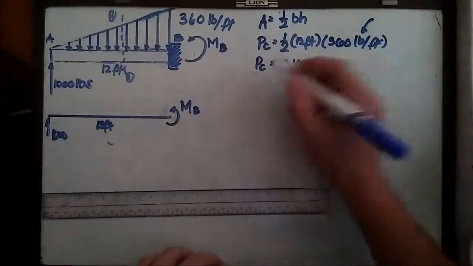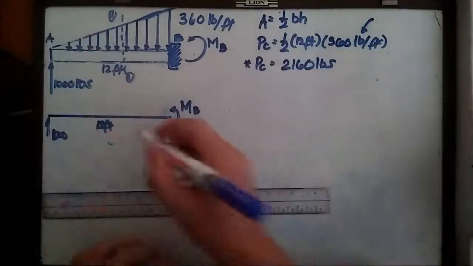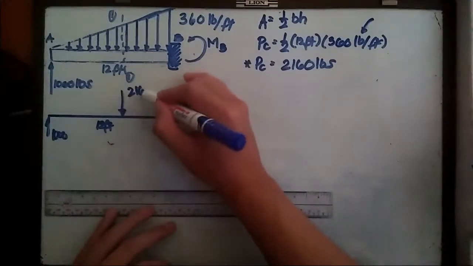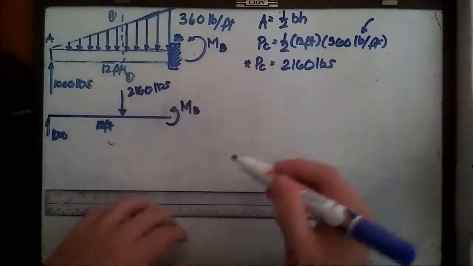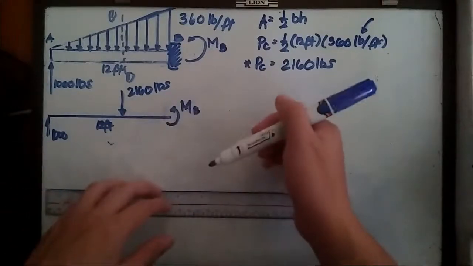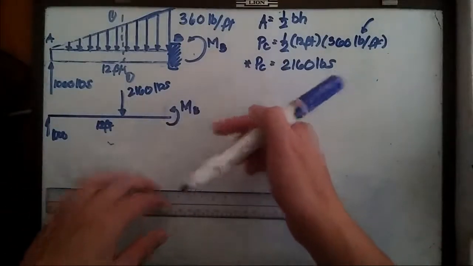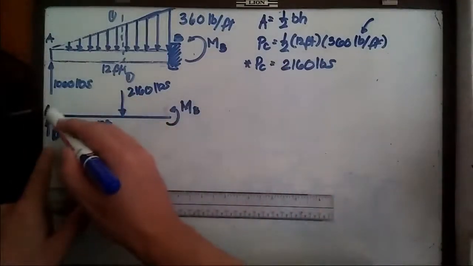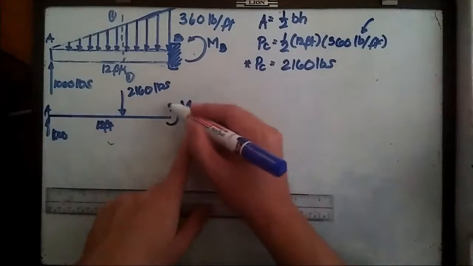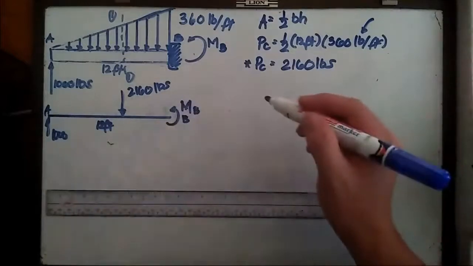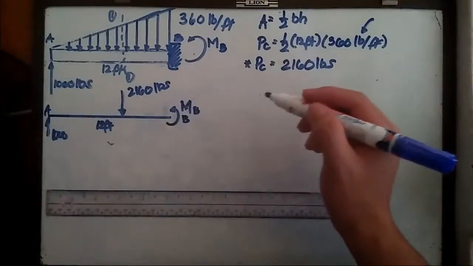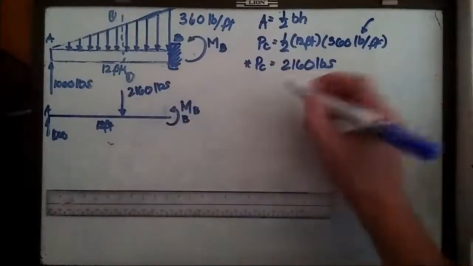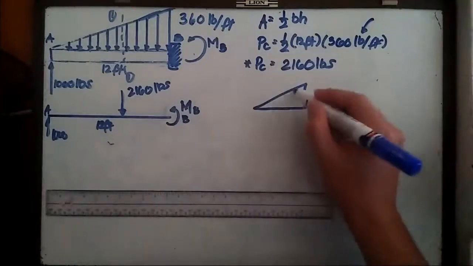This is the equivalent concentrated load, 2,160 pounds. The next step is to determine the distance of this 2,160 pounds from point B. How are we going to do that? All you need to do is use the centroidal formula for a right triangle.